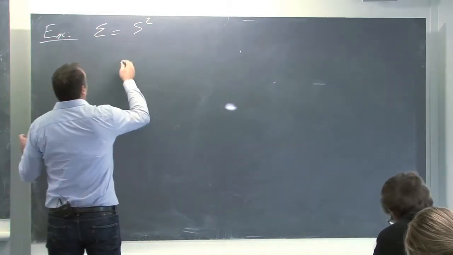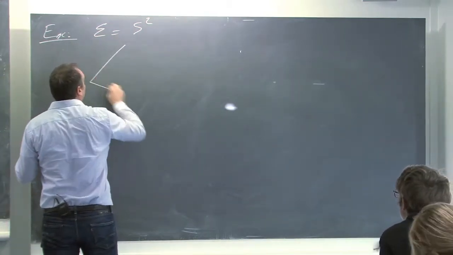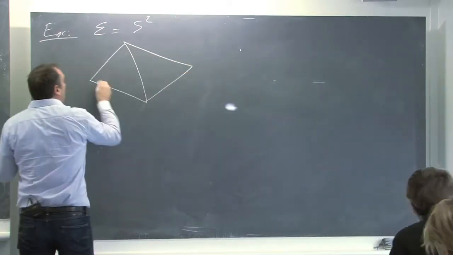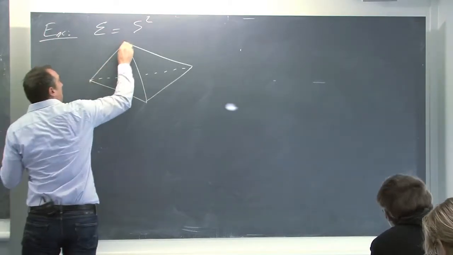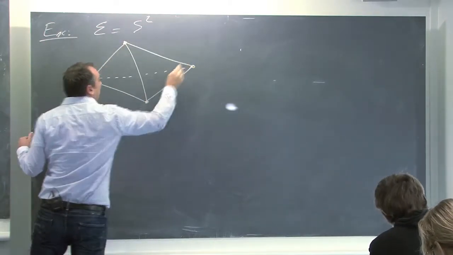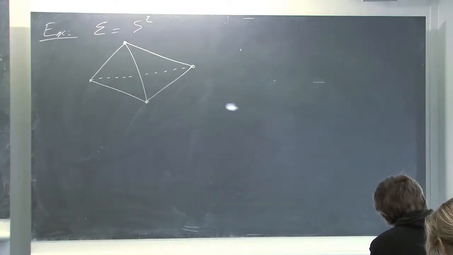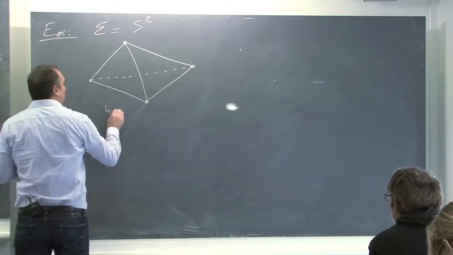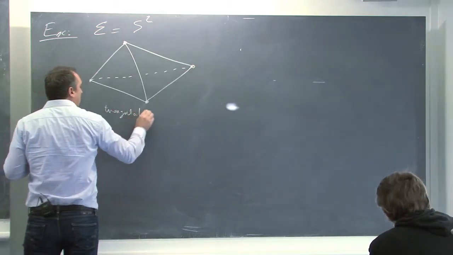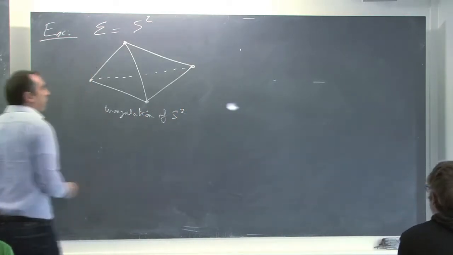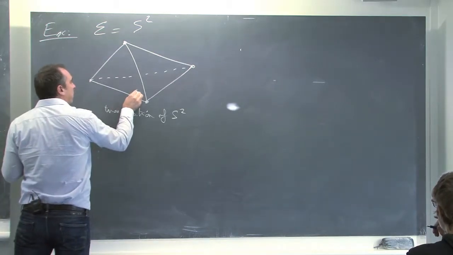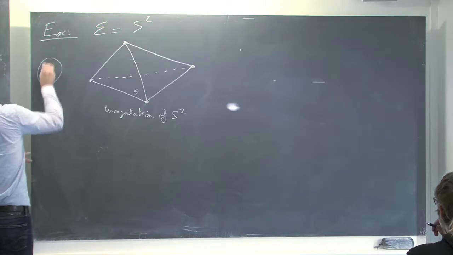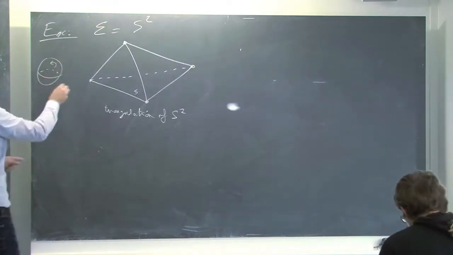The triangulation of the sphere is this one with 4 triangles, 6 edges and 4 vertices. So the triangulation of S2. So assume that the orientation is like this.